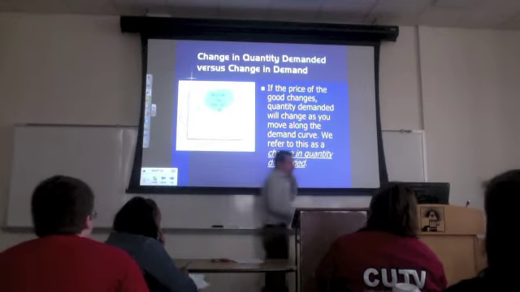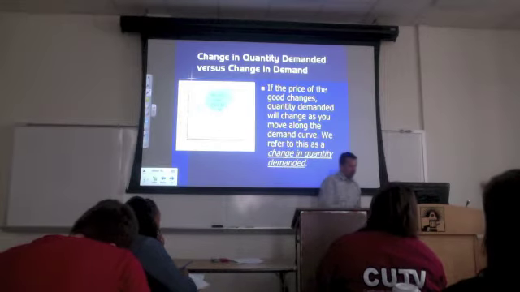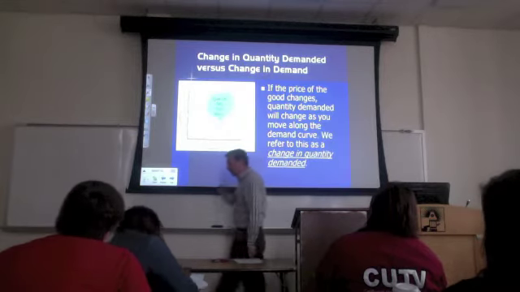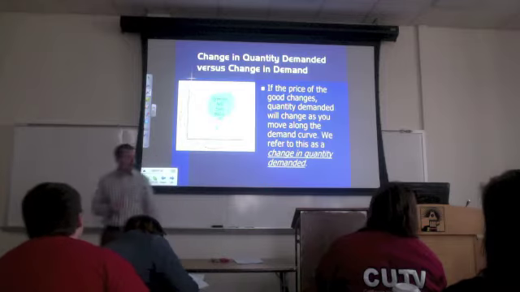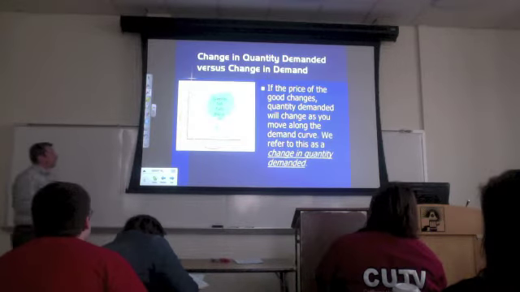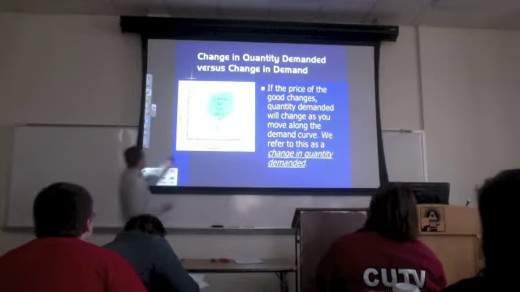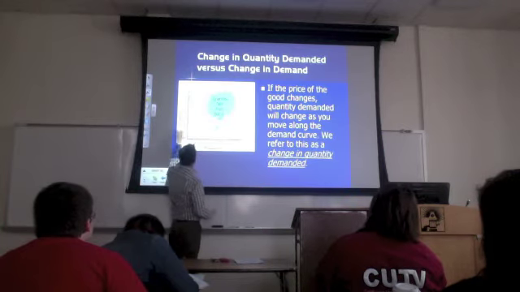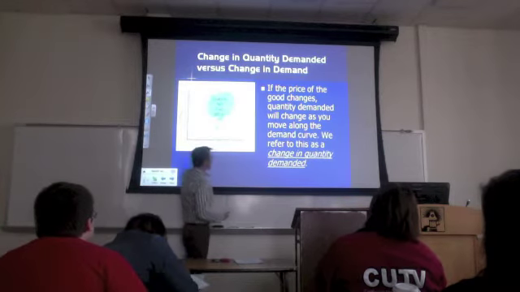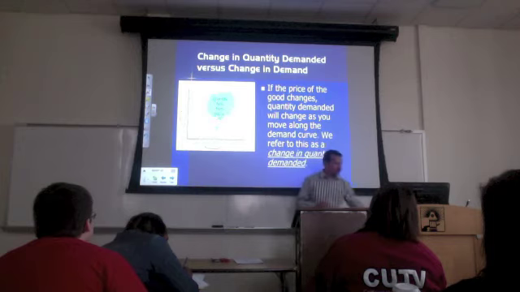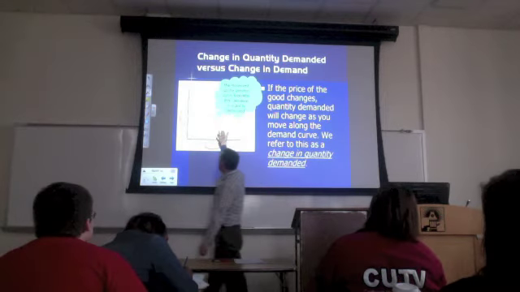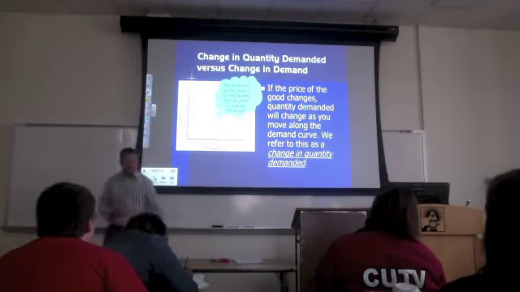So if price rises from $4 to $8, for example, for whatever reason, something in the market's changed that caused price to rise, quantity demanded will respond by decreasing. In the example we've been working with, quantity demanded decreases from 800 units when price was $4 to 400 units when price is $8.